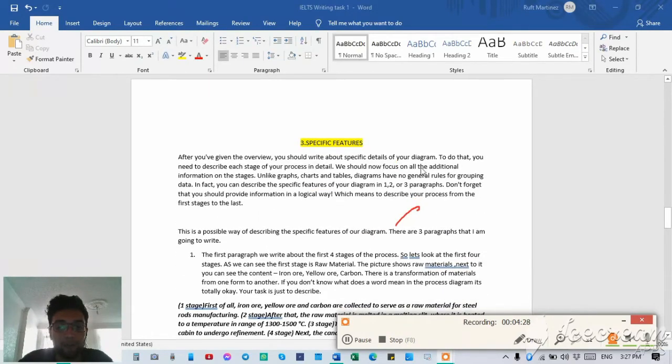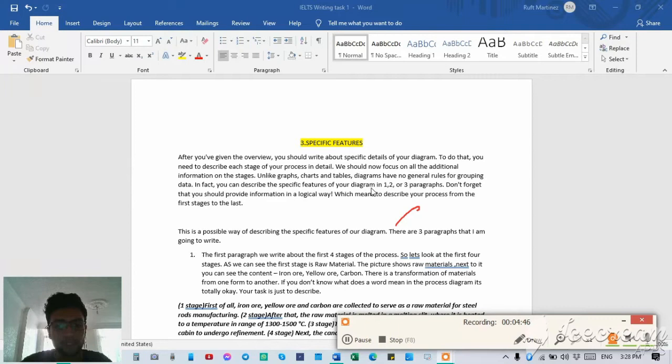Unlike tables, diagrams have no general trends. We said it before, it doesn't have percentages, it doesn't have years, it only has the stages of a process.